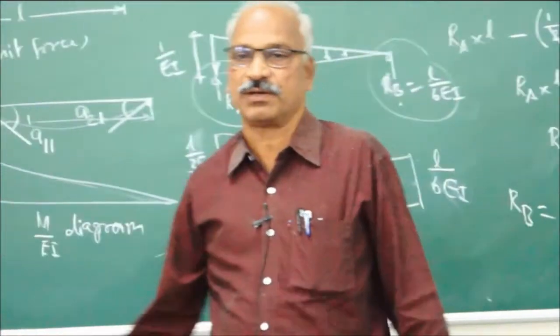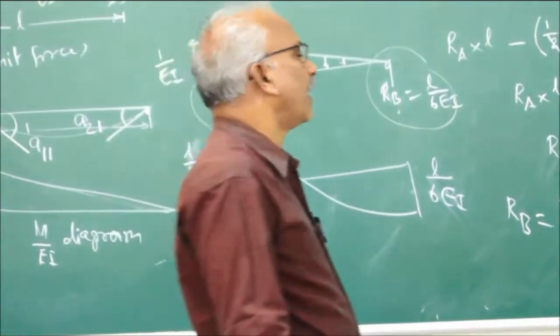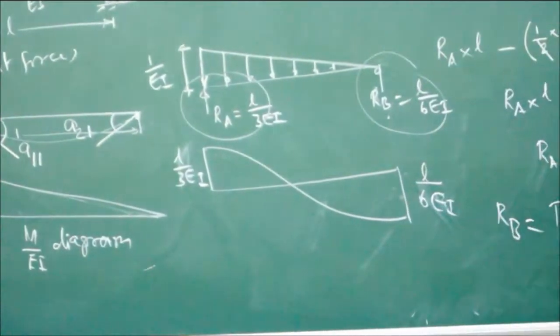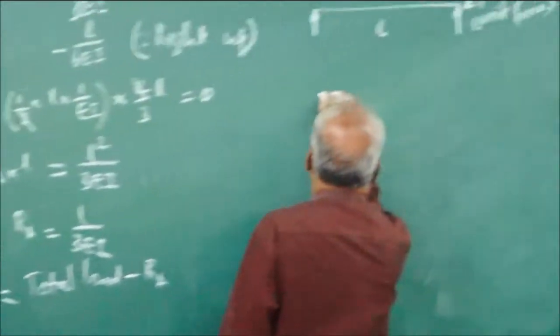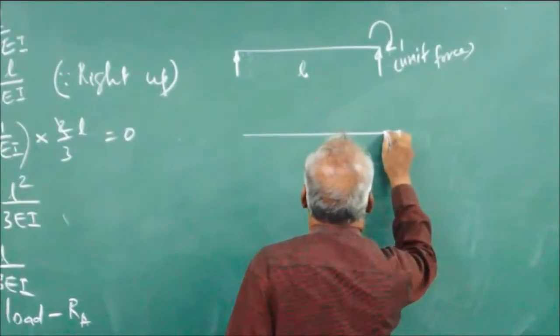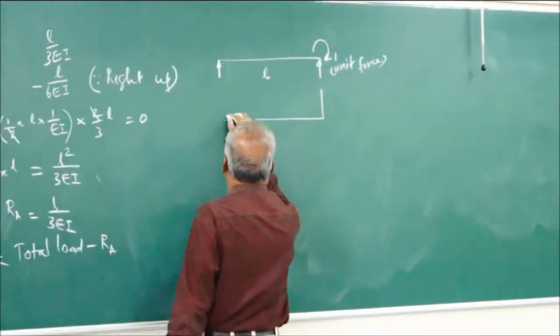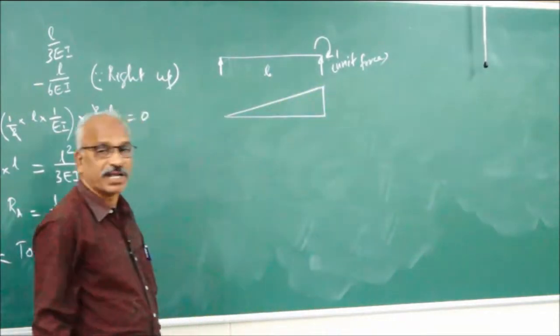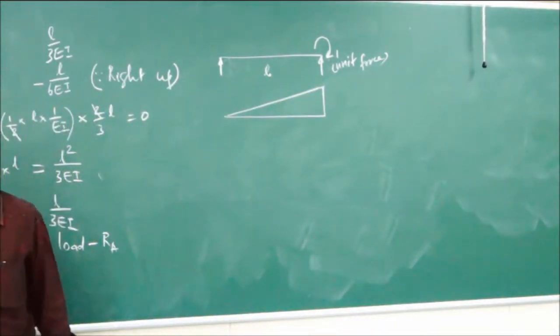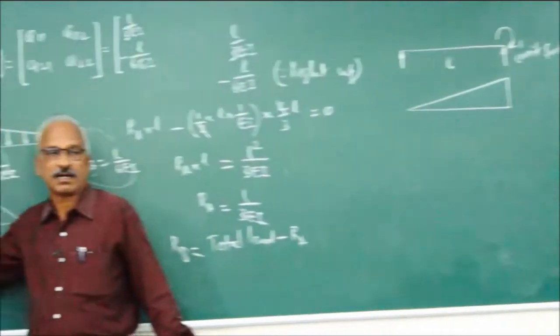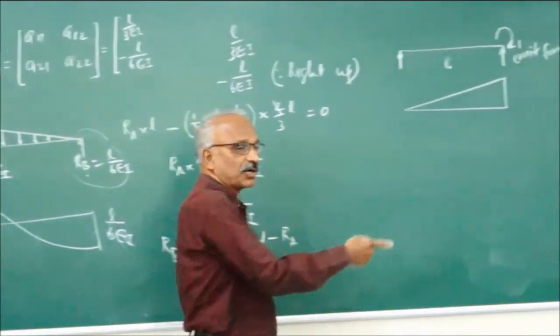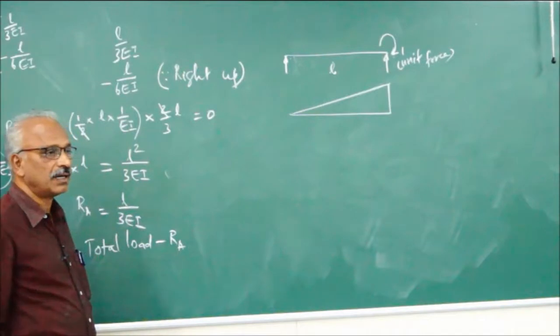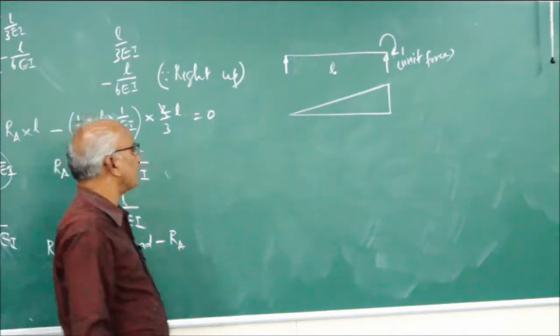Now, this is the bending moment diagram as we have discussed earlier. In this case, we are applying a unit moment at the right support, getting that bending moment diagram.